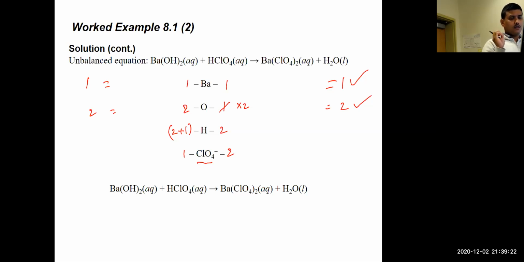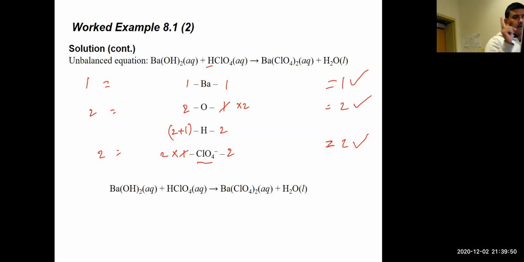Well, hydrogens look complicated because hydrogens are part of this group as well. Let me just go to ClO4s, right? ClO4 on one side you have 2, and on the other side you only have 1. It looks like if you just multiply this with 2, you would get 2 here. You already got 2 in here, so cross check.